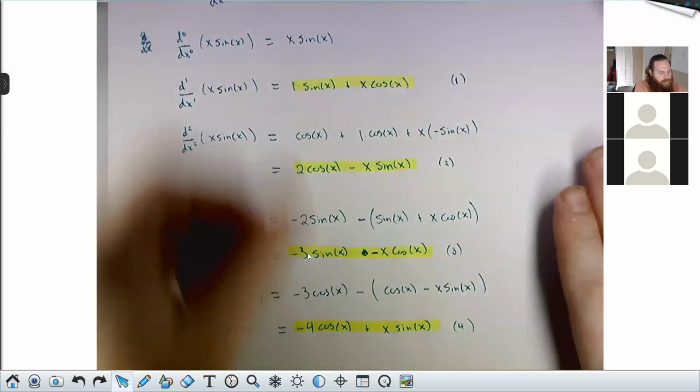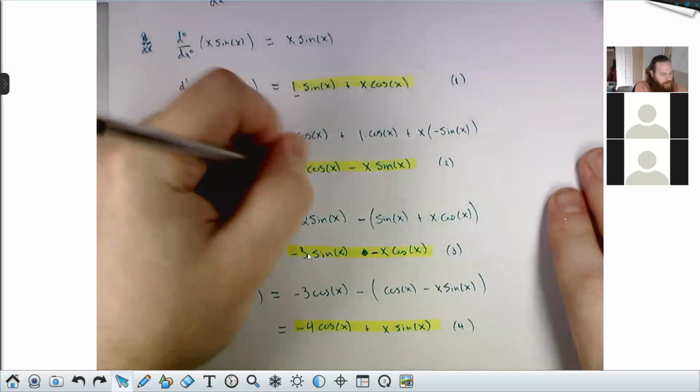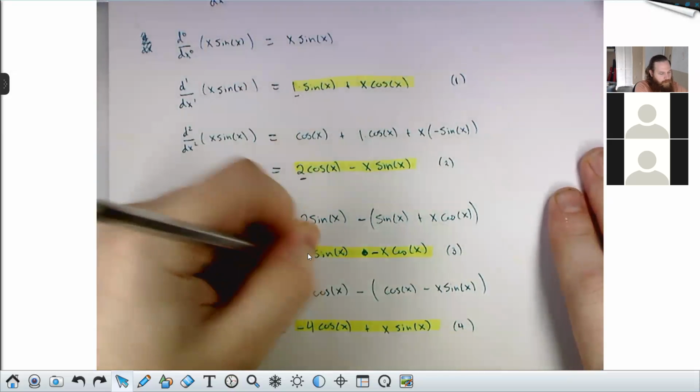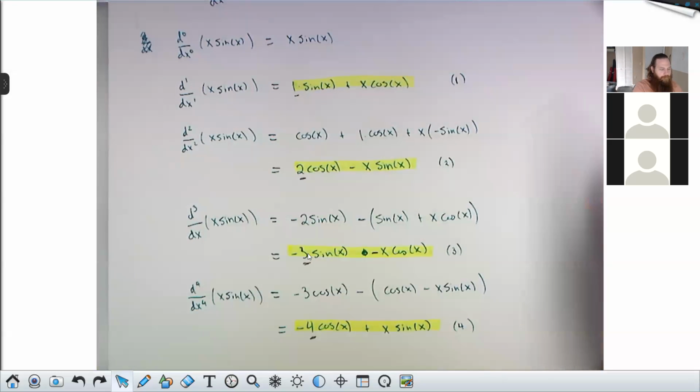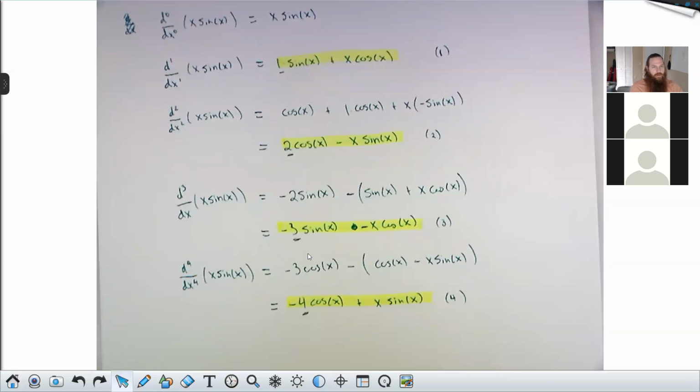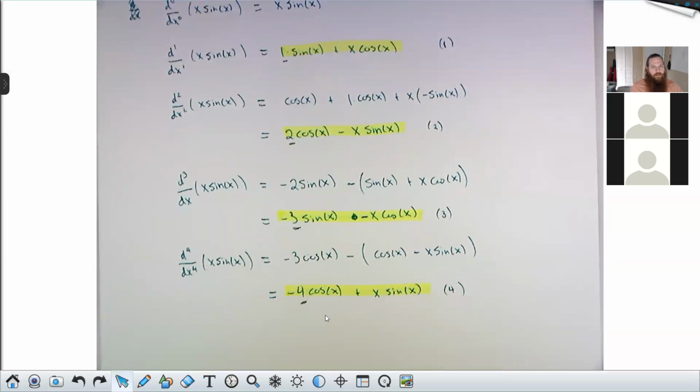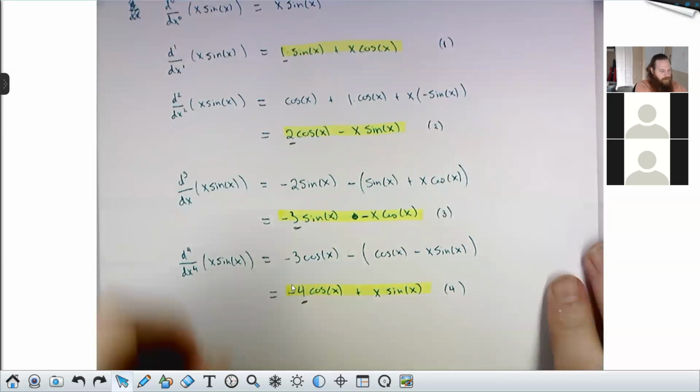There's one thing I'm sure everybody's seeing, and that's these numbers, right? 1, 2, 3, 4. And they're following the same plus and minus pattern that we saw in the last guy, positive, positive, negative, negative, positive, positive, negative, negative. So what do we think the fifth derivative would look like?